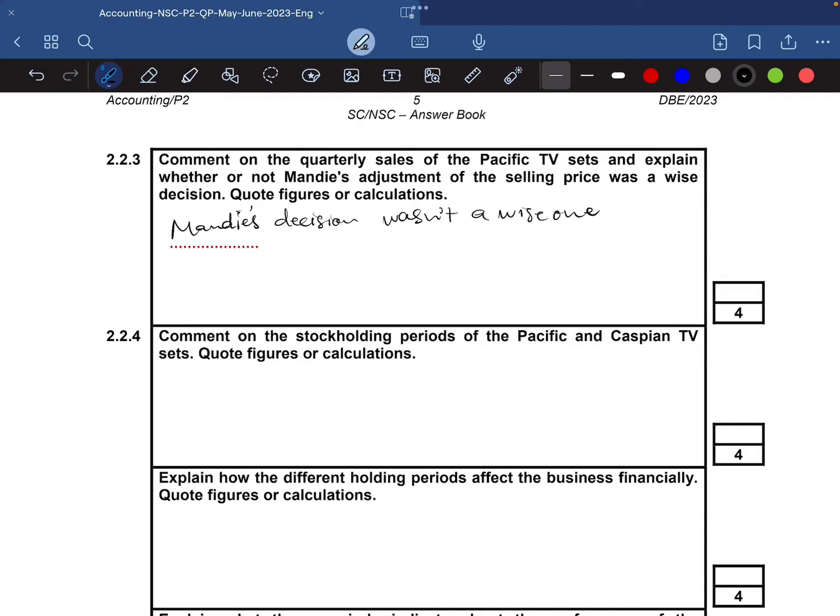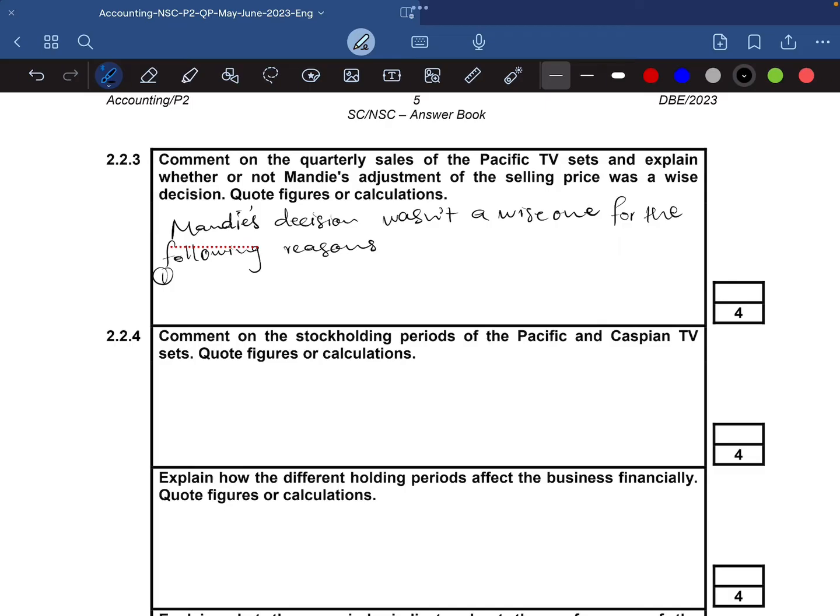Okay. My language is a bit informal, but when you're answering your questions, just try to be a bit formal. So now we'll just say for the following reasons. Okay, so now you state your reasons and you quote figures.